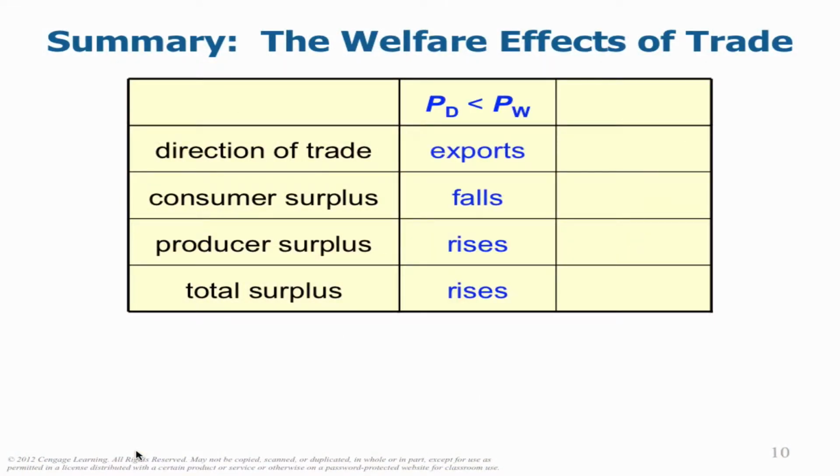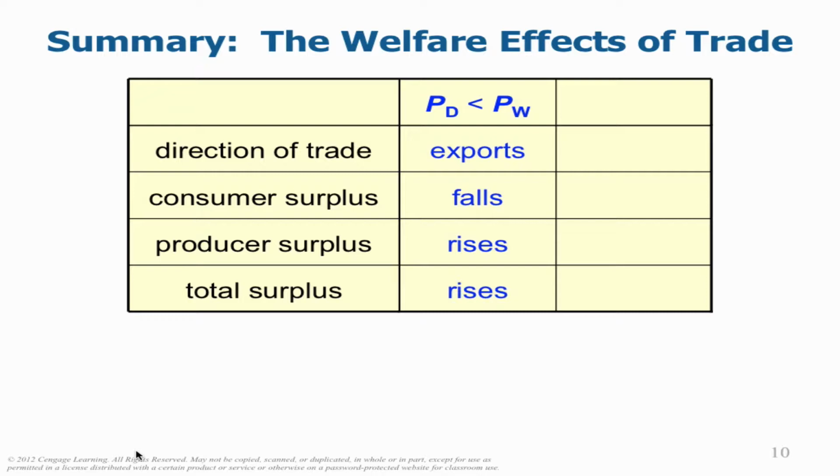So the welfare effects of trade. When the price domestically is less than the price of the world, you should export. Your consumer surplus will fall and your producer surplus will rise, and your total surplus will rise. What do you suppose we should put in this column?